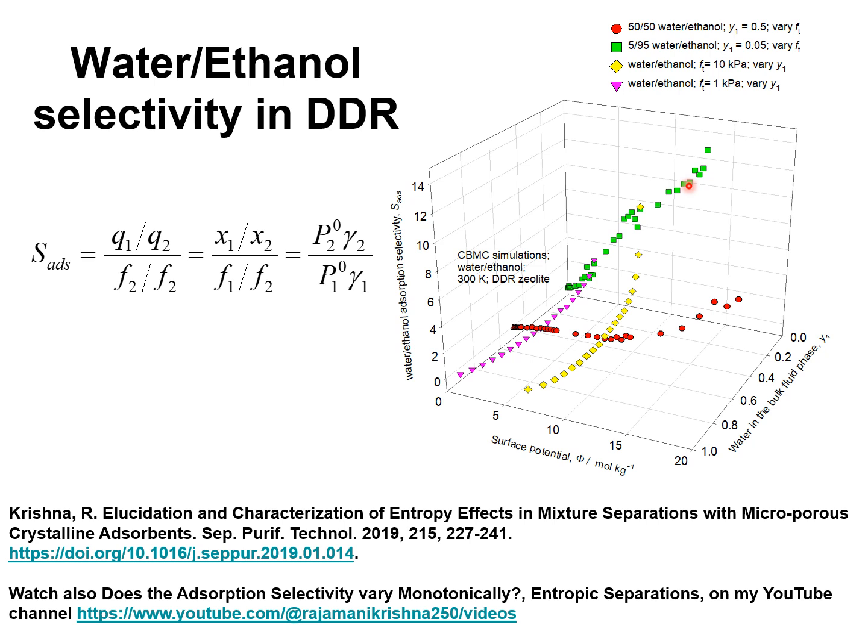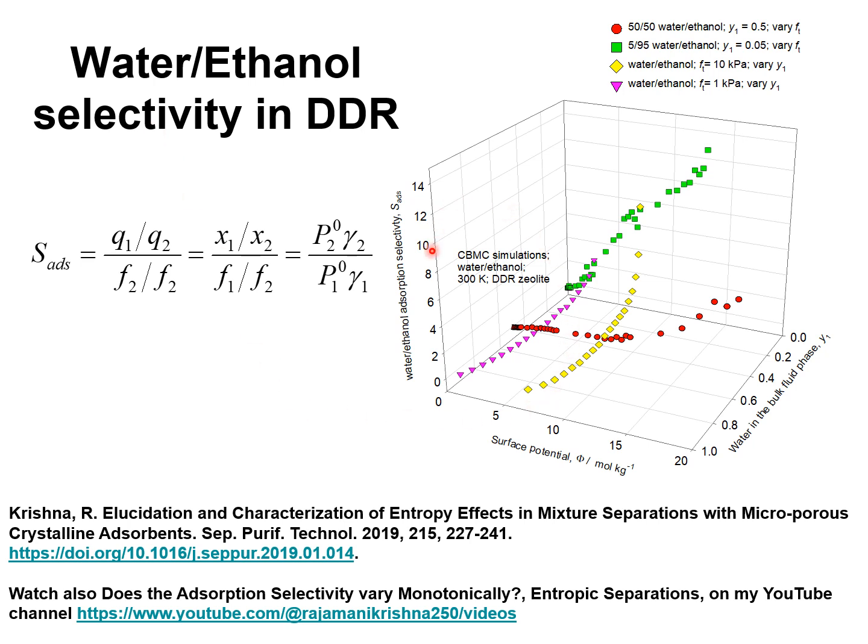The diffusion selectivity is also in favor of water. So both adsorption and diffusion serve to produce permeation selectivities that are heavily in favor of water compared to ethanol.